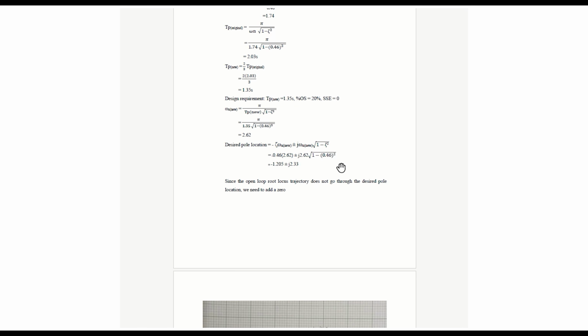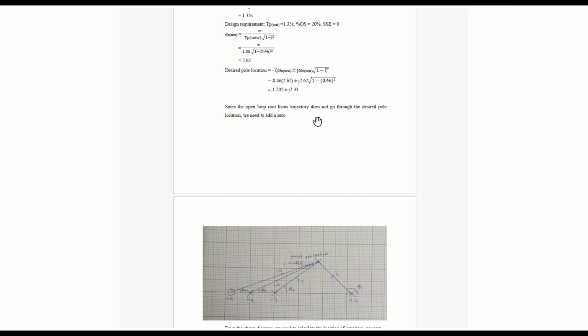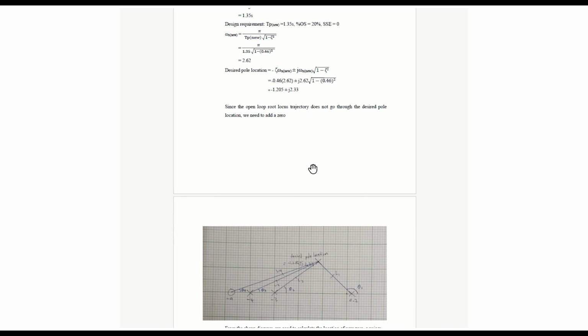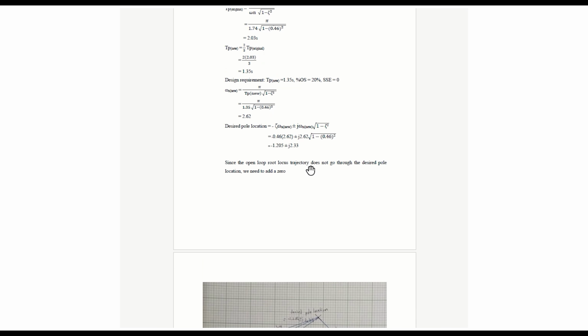Why? Because we want to know the location to obtain the new peak time. After we know the location of the new desired pole to obtain the new peak time, we have to know whether our original root locus goes through that location or not.